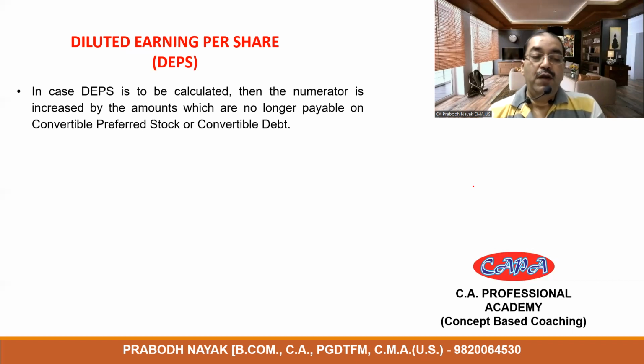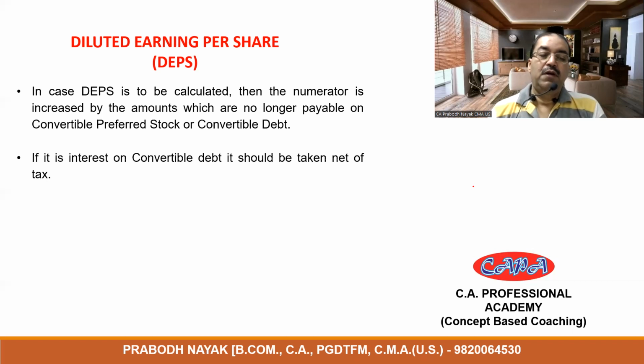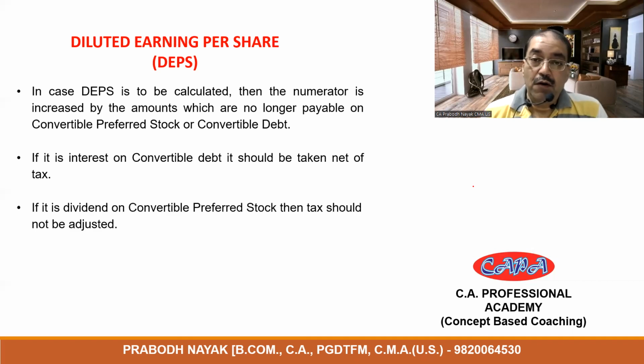So in case diluted EPS is to be calculated, then the numerator is increased by the amounts which are no longer payable on the convertible preferred stock or convertible debt. If it is interest on convertible debt, it should be taken net of tax. If it is dividend on convertible preferred stock, then tax should not be adjusted. I'm emphasizing here, tax should not be adjusted.